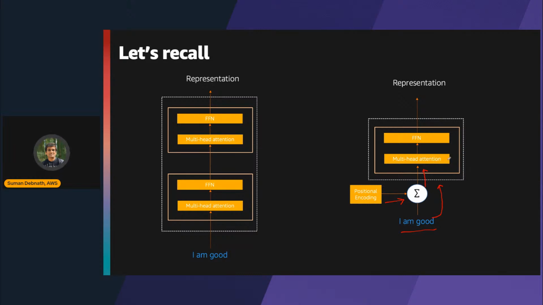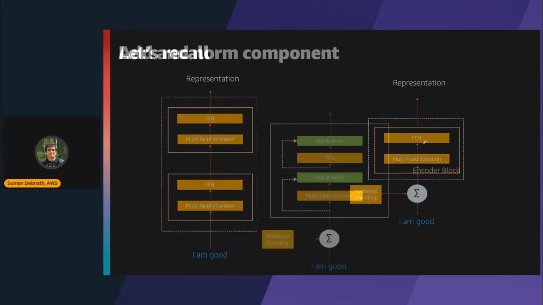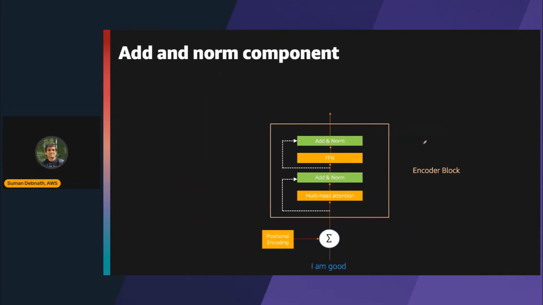We have learned what multi-head attention is, which is nothing but the Z matrix and how we create it. The next thing is the feed-forward neural network. That's pretty straightforward, we don't want to spend time on it, but it's basically a two-layer feed-forward neural network, with a small addition here.